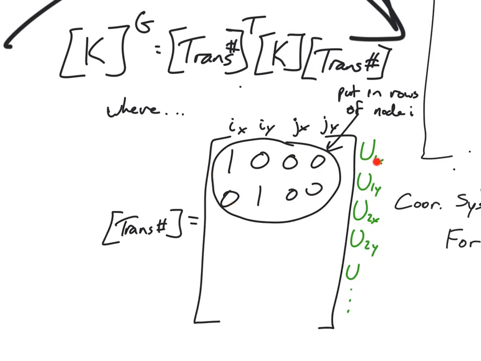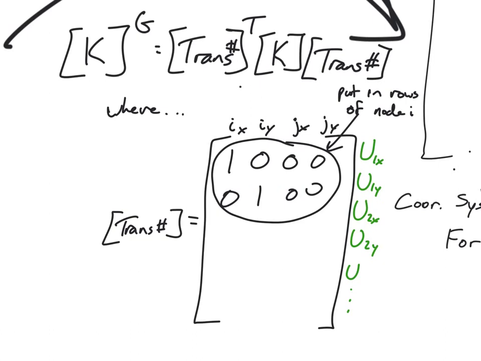So if node I is node 1, this row goes in the global displacement 1x, and this one follows in the next one in 1y. If node I of your element is node 3, then after 2, if this is 3, then these 2 rows go here and here. All right, so it's all about what node I is in your element. That's where these 2 rows go.